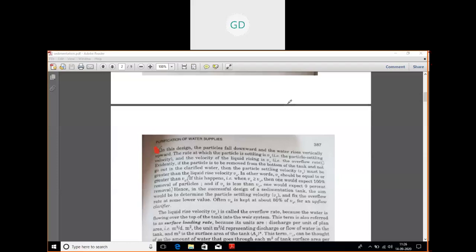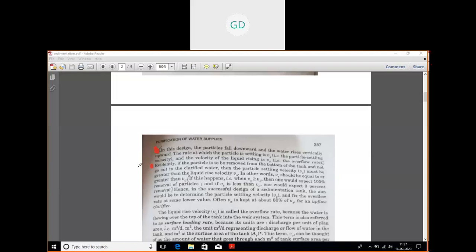It is written here: evidently, if the particle is to be removed from the bottom of the tank and not go out in the clarified water, then the particle settling velocity must be greater than the liquid rise velocity V naught. Obviously, we are trying to remove the impurities that settle at the bottom of the tank.